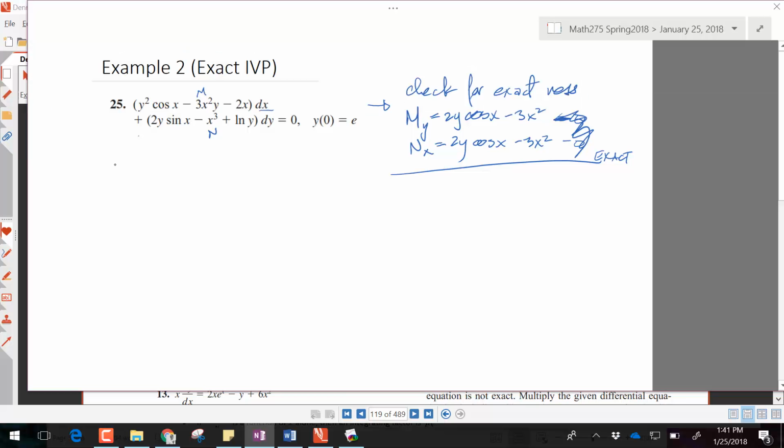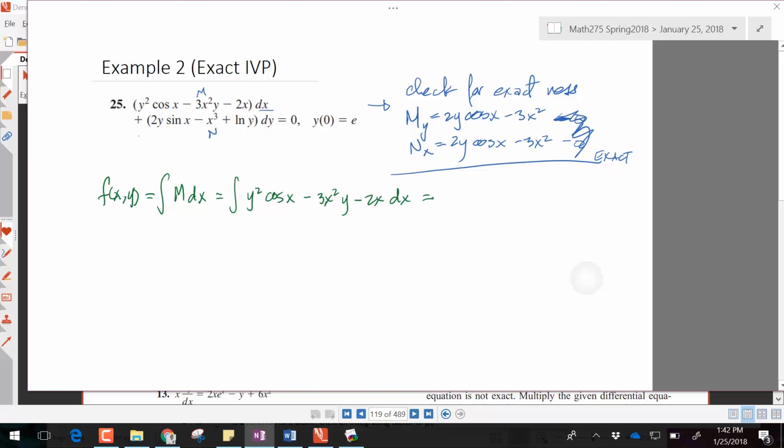Once we know that it's exact, we're confident that we should be able to find the original function. What we're going to do is take the antiderivative of your first function M with respect to x. We have y squared, which is constant. The derivative of cosine x is positive sine, right? 3x squared y minus 2x, all this with respect to x.